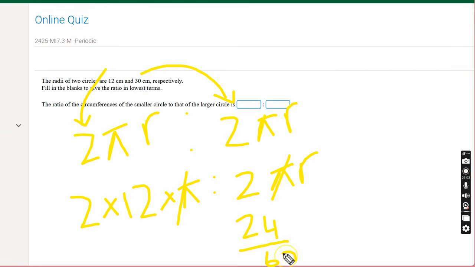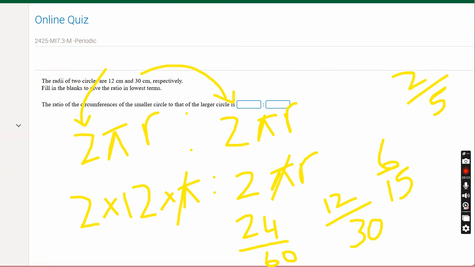Now just simplify it. You'll get 12 over 30. Simplify it again, you'll get 6 over 15. And then again, you'll simplify it, dividing 6 by 3, you'll get 2 over 5.